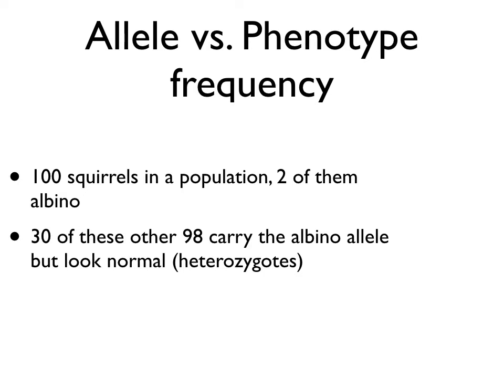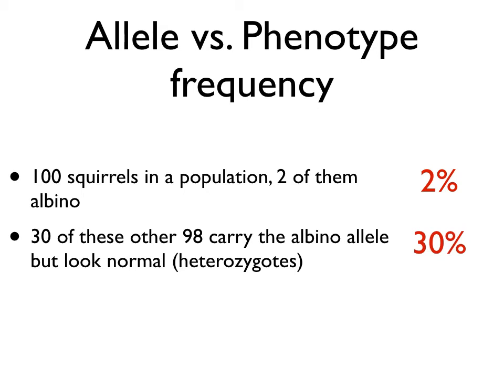So there are 98 other squirrels in the population, and if I tell you that 30 of those carry the allele, they're heterozygous, we've got another genotype frequency. So what I've given you here is that the frequency of the homozygous recessive genotype is 2%, and the frequency of the heterozygous genotype is 30%.